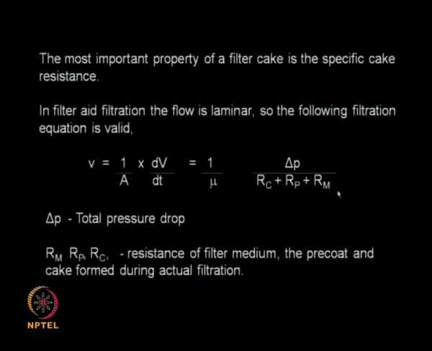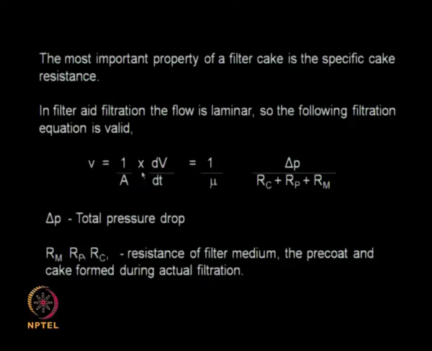There are 3 resistances now. So there is resistance offered by the cake, number 1, there is a resistance offered by your pre-coat or the filter aid, and the resistance offered by the medium, that means filter cloth or stainless steel filter or ceramic filter. So all these 3 may be offering resistance at various degrees, so you need to keep that in mind.